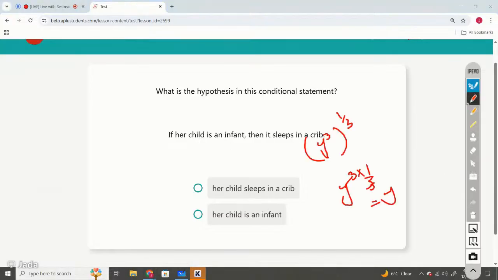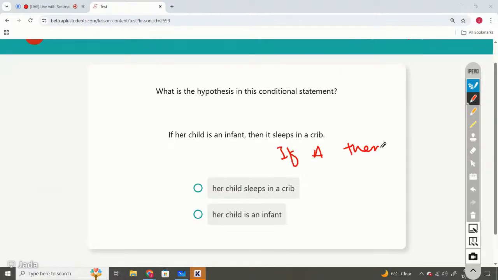So if A, then B, the part that is after the if is the hypothesis and the B is the conclusion, right? So that means the hypothesis in this case is her child is an infant.